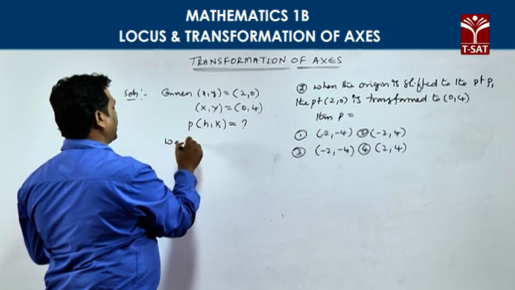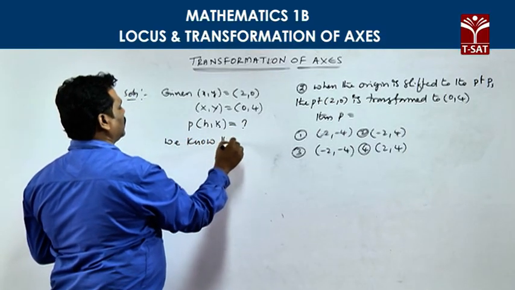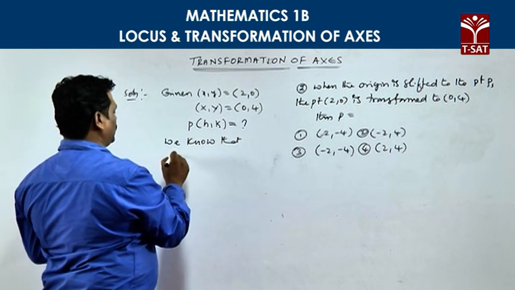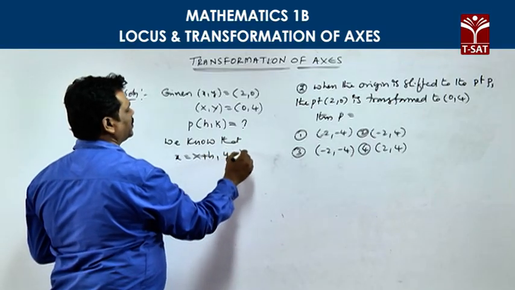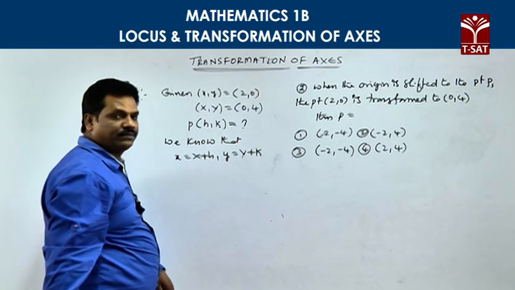So we know that small x = capital X + h, small y = capital Y + k.